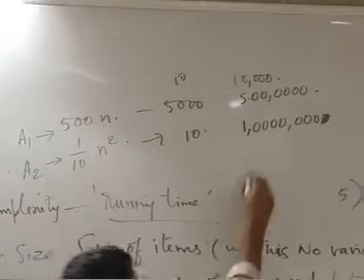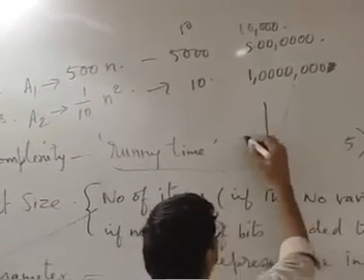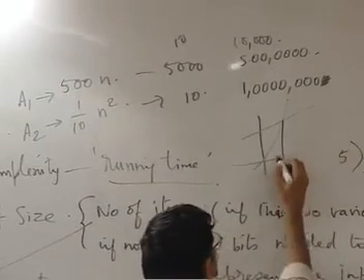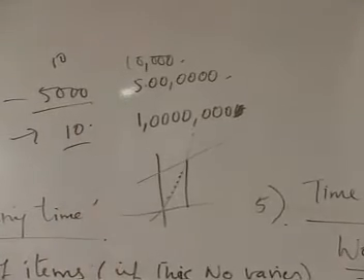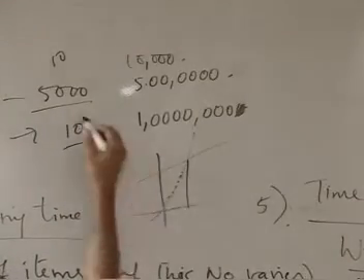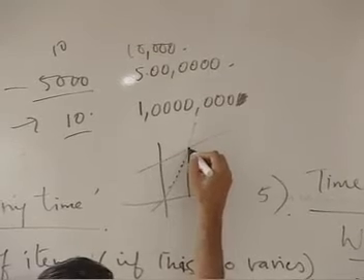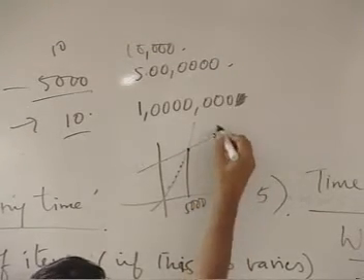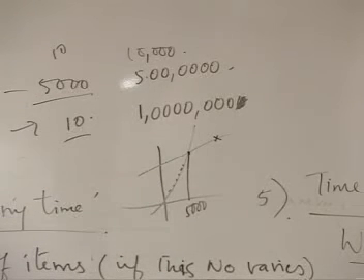Pictorially, you can see that this n square curve is going to be something like this, this n curve is going to be something like this. So up to this point, all these values might be smaller. For example, 1 by 10 n square is smaller, this is very large. But after some point, let us say after 5000, this will become smaller, whereas this will become unimaginably large. Okay?